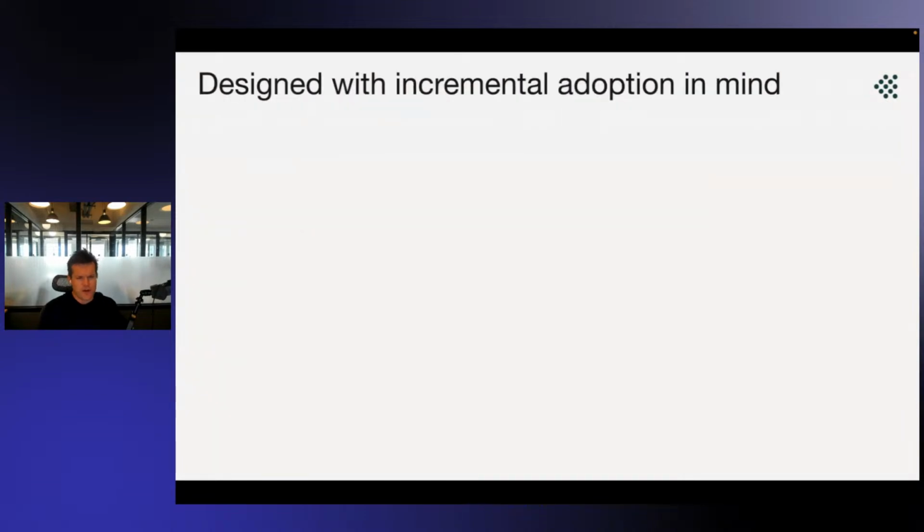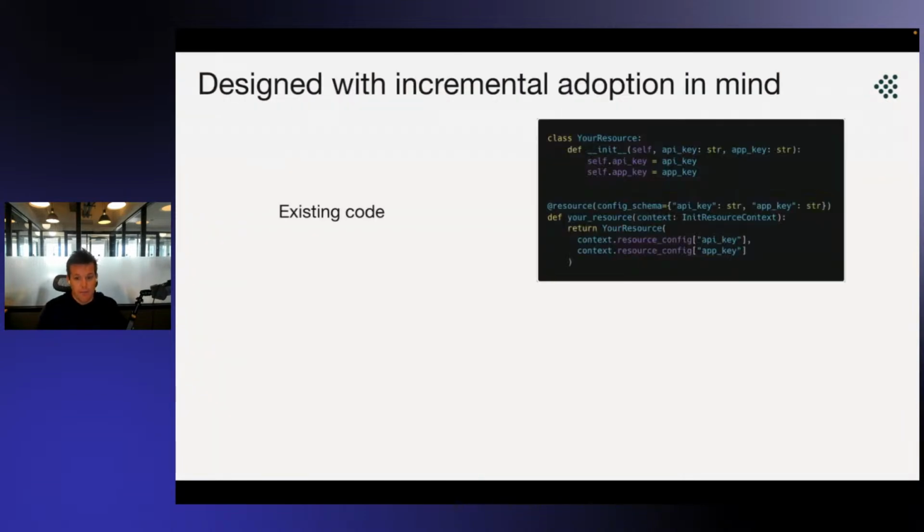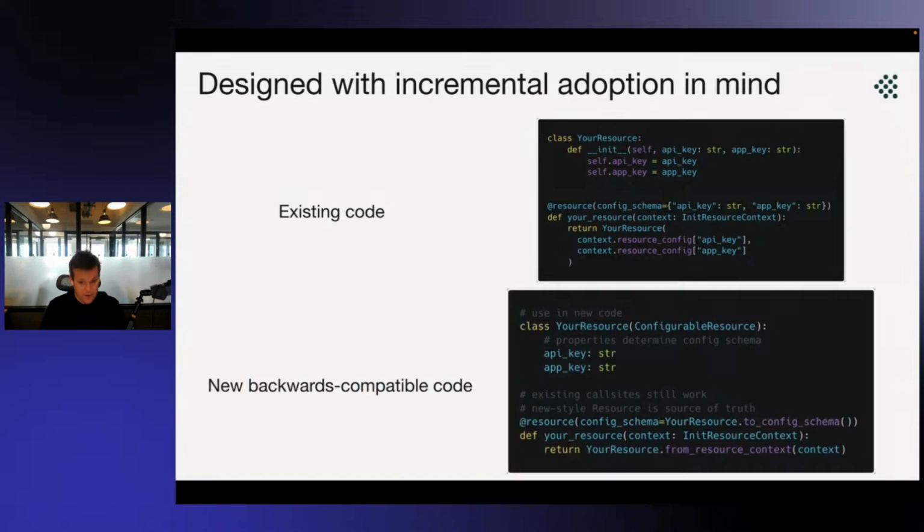But just to give you a flavor of what this looks like, imagine you had this existing code where you had written everything in terms of the old resource system, with an @resource decorated function that returns an instance of an object and has the config schema and whatnot. If you wanted to be able to use the new style resource without breaking things that consume the old style resources, we have a pattern for that.